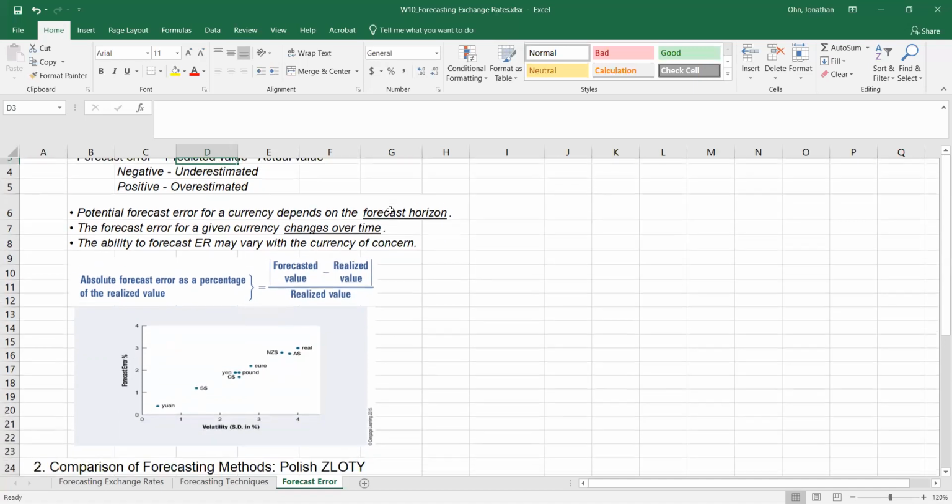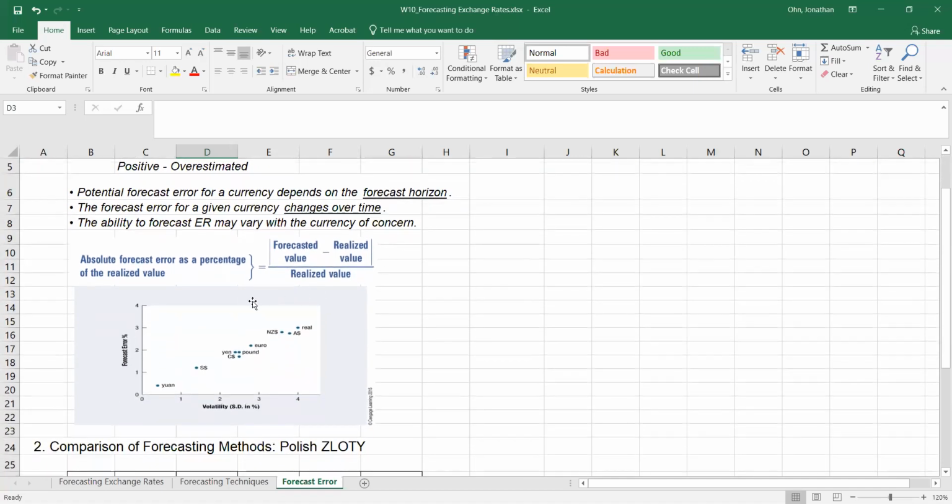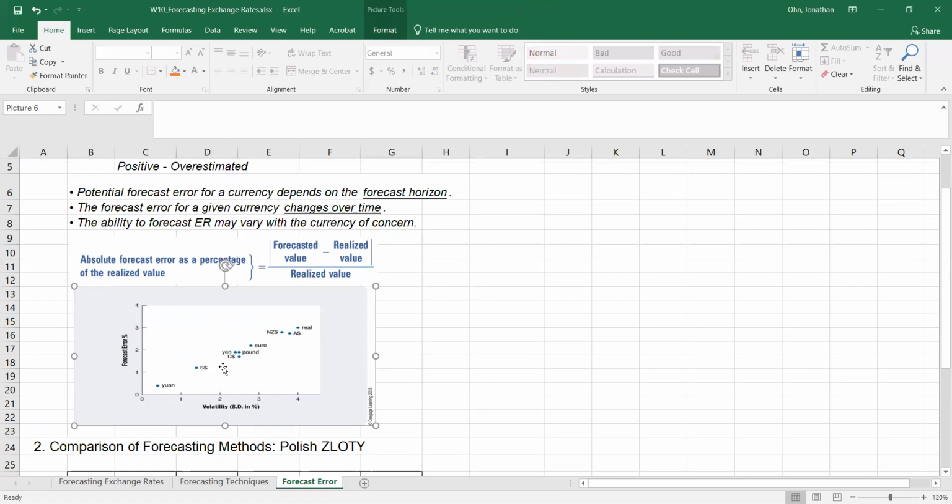Right, look at this. Different countries have different volatility here, right? Chinese yuan, Singapore dollar, Japanese yen, Canadian dollar, pound, euro, New Zealand dollar, Australian dollar, Brazilian real. See that? The higher the volatility, the higher the forecast error.